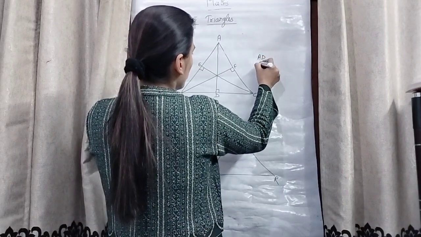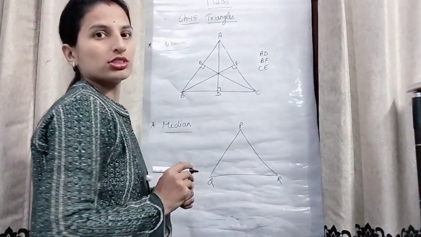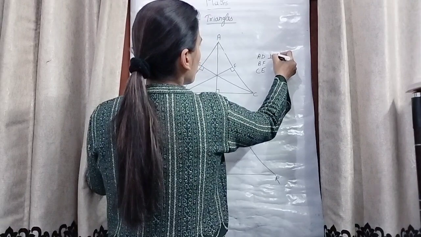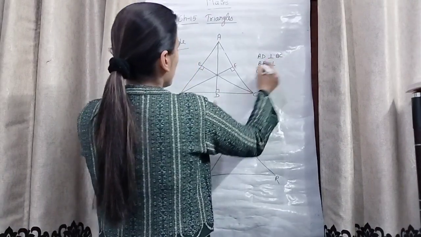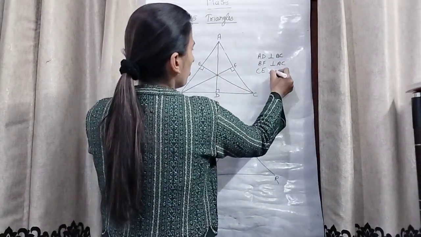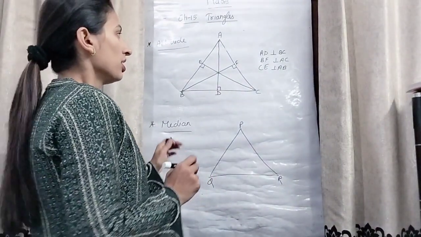AD, BF and CE. Why are these altitudes? Because these are perpendicular to the opposite side. AD is perpendicular to BC, BF perpendicular to AC and CE perpendicular to AB. Okay. So these are the altitudes.